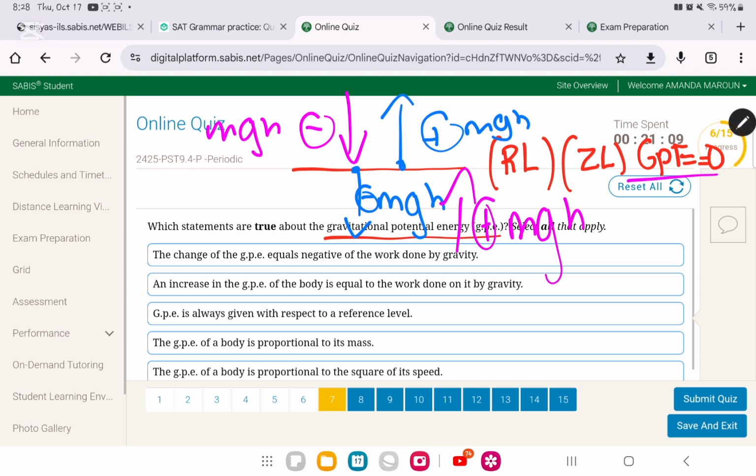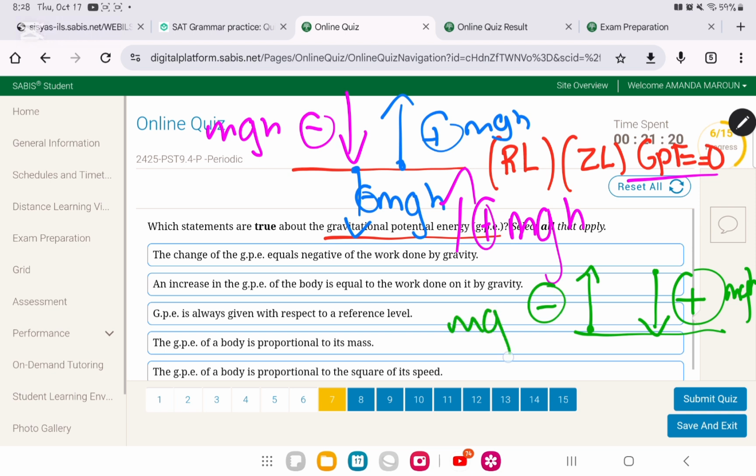Now it's the total opposite of what, if you remember? It's the total opposite of gravity. We said for gravity, if we go down, it is plus mgh, and if we go up, it is minus mgh. So if we were to write a rule between the GPE and gravity, we will say that the GPE is equal to minus gravity, the opposite of gravity.